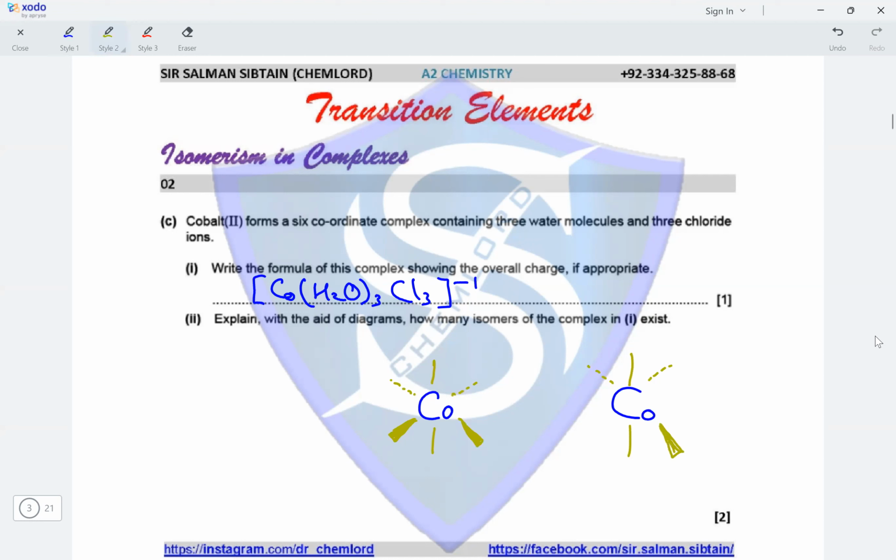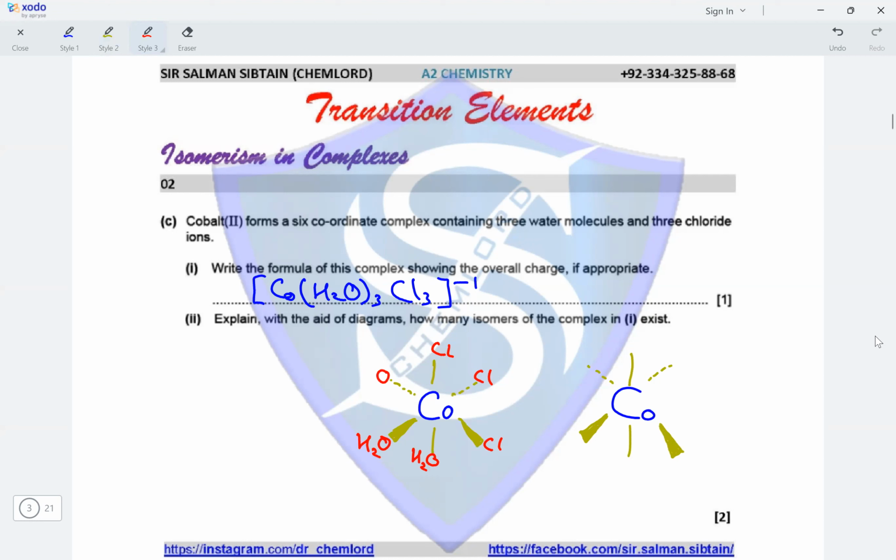Next, we will add the ligands, 3 of each. We have 3 ligands that are water molecules and 3 ligands that are chloride ions. On one of these isomers, we would have all 3 chlorides placed at adjacent positions and all 3 water molecules placed at the remaining positions.